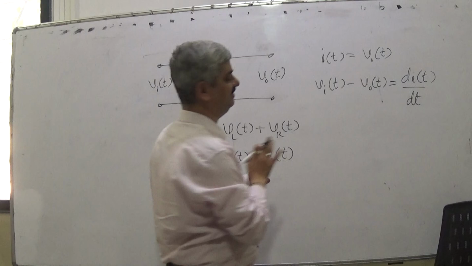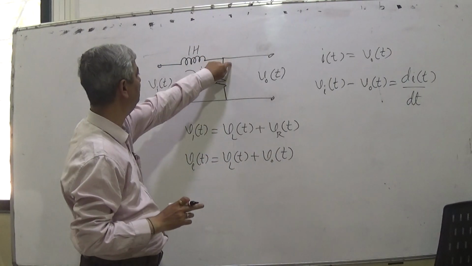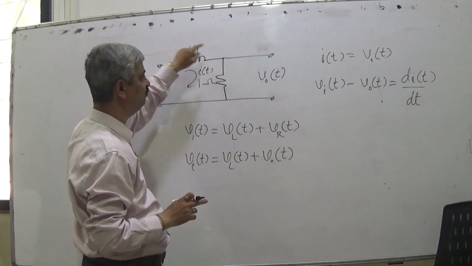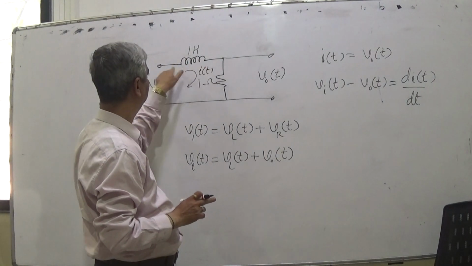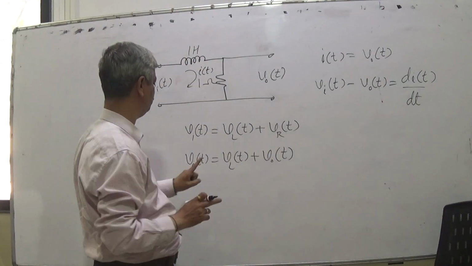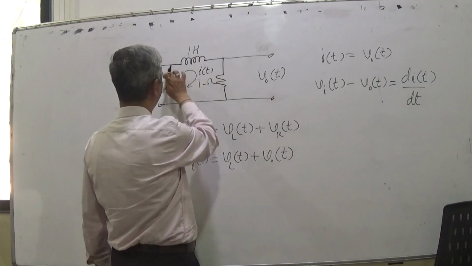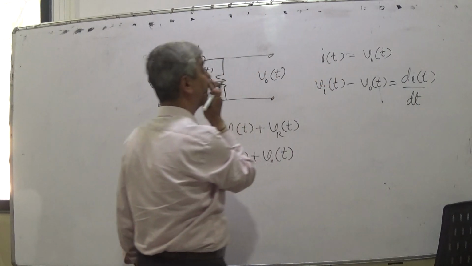So I think I have made it simple. vin(t) minus vo(t), the voltage across the inductor, is equal to L, that is 1, into di by dt. vin(t) is equal to vL(t) plus vR(t), Kirchhoff's law. vR(t) is vo(t). i(t) through the inductor, this equation, this equation.